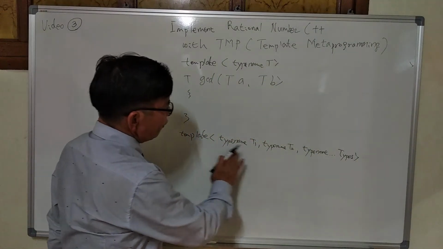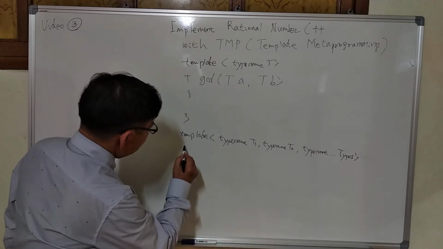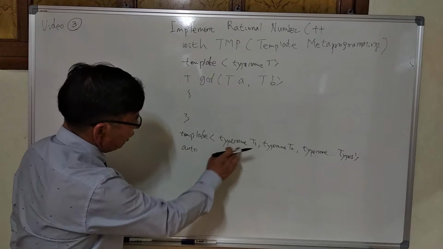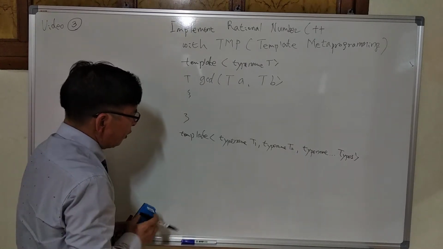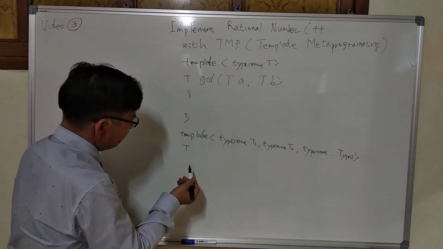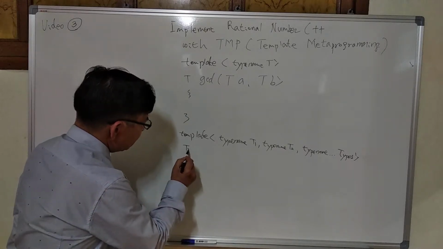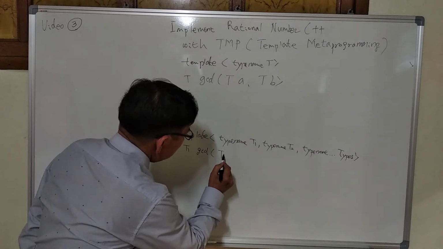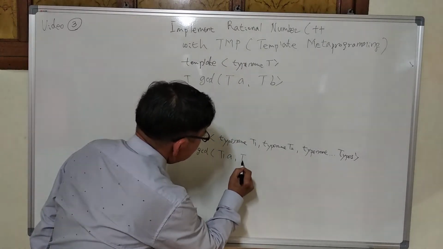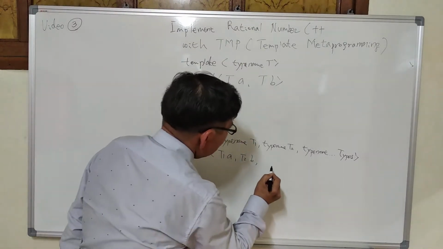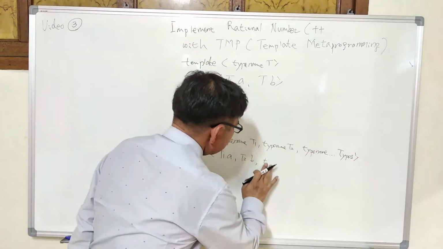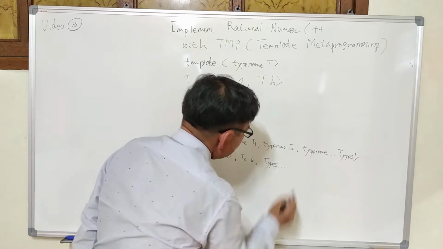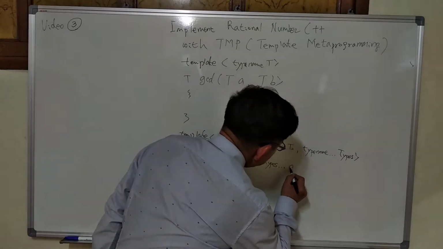This is called the template clause. Then we will create a function like this: auto, or we can say T1. I will just say T1 for the time being. T1 GCD(T1 a, T2 b, Types... args).